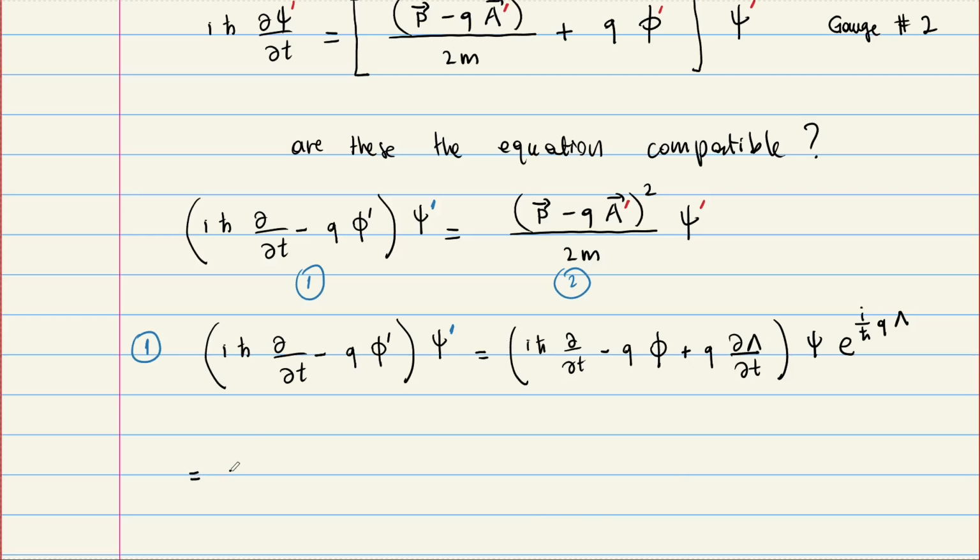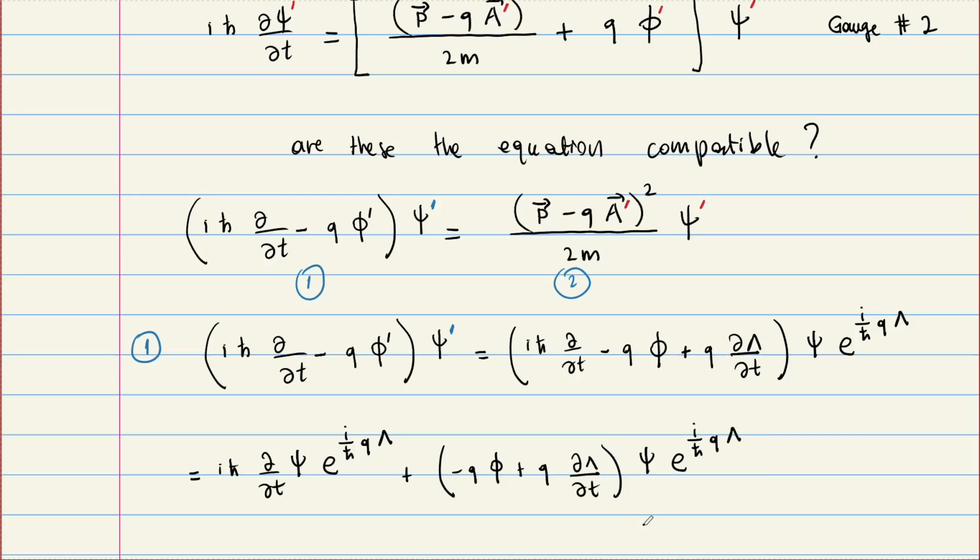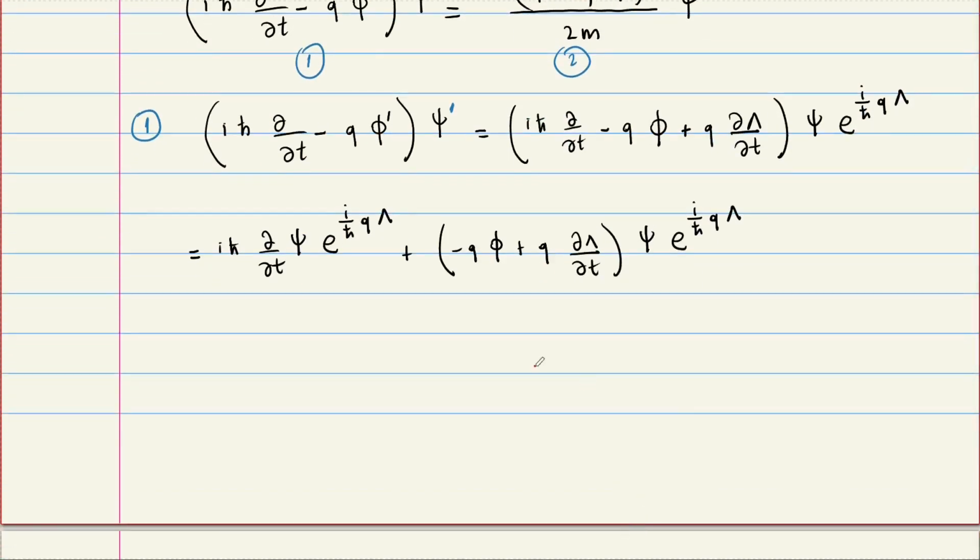Now let me separate this. So this is I h bar del t, and the second term I want to write as minus q phi plus q del lambda del t, acting on this thing. This derivative can act on psi or on this phase factor, because there is x, y, z, and t dependence in this lambda function.